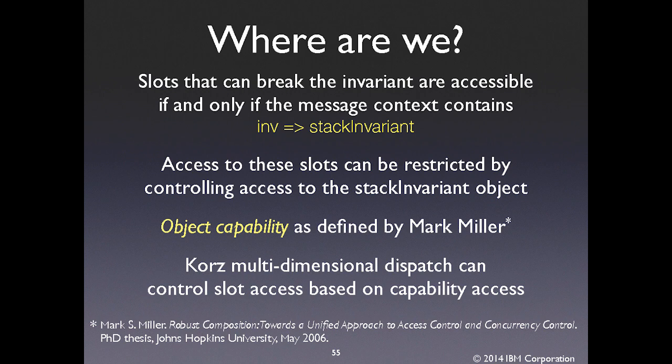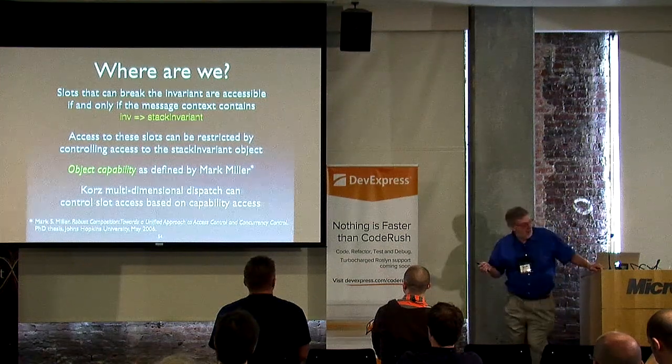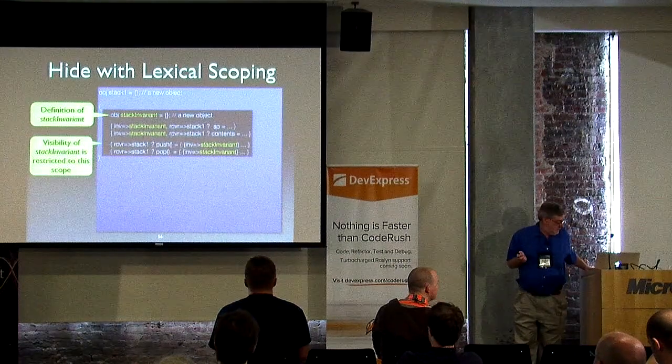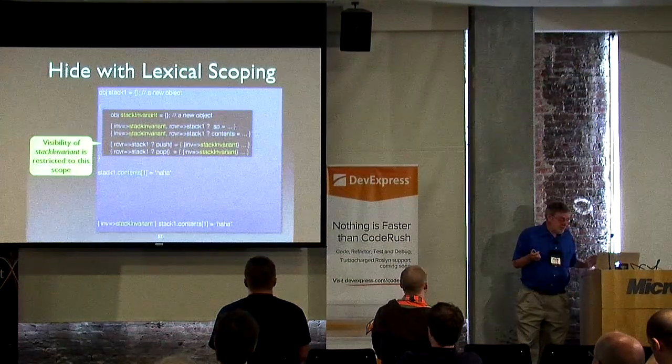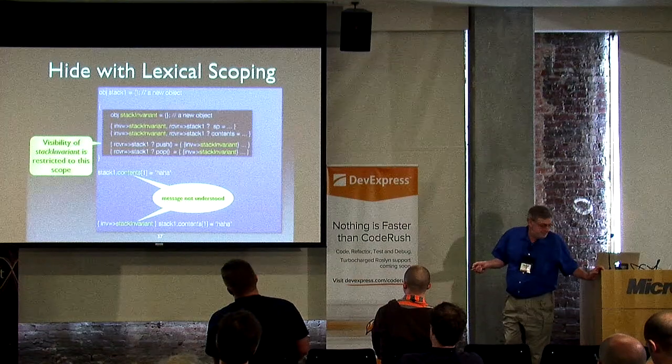And this reminds us of the object capability model that Mark Miller, the other Mark Miller, has worked on. And so, one way to do it is we could use lexical scoping. This is pretty straightforward. If we have a lexical scope and we write our push pop in it, and we write our SP and contents so they can appear in the slot guard, then this won't work and this won't work because stack invariant won't be accessible outside the scope.